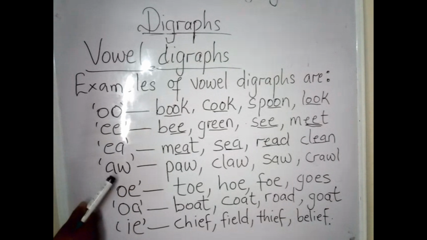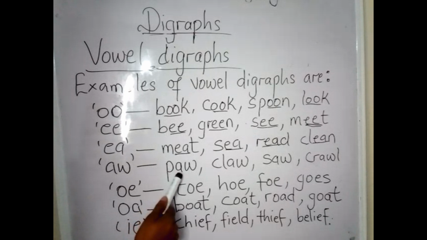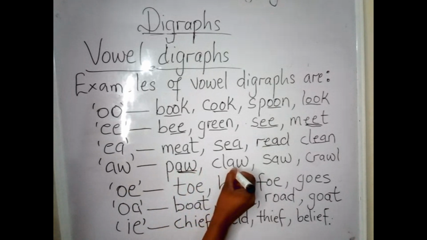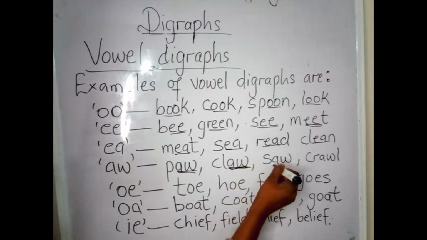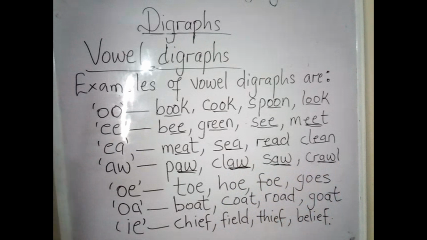A-W is W. So the two combine to form O sound, as in paw, the paw of a cat. Claw, saw, crawl. Paw, claw, saw, crawl.